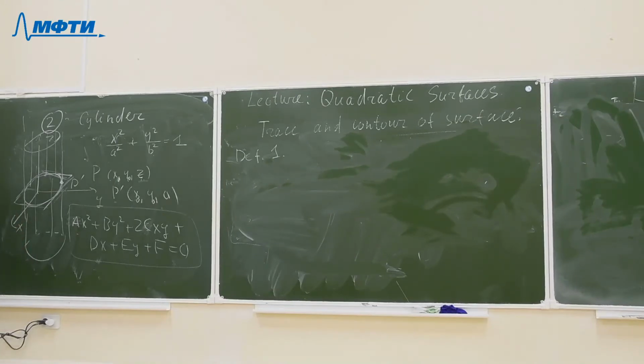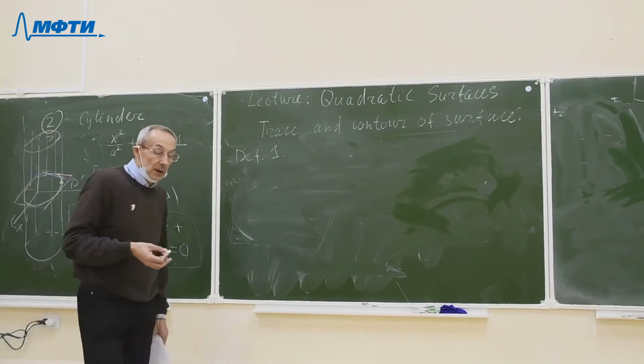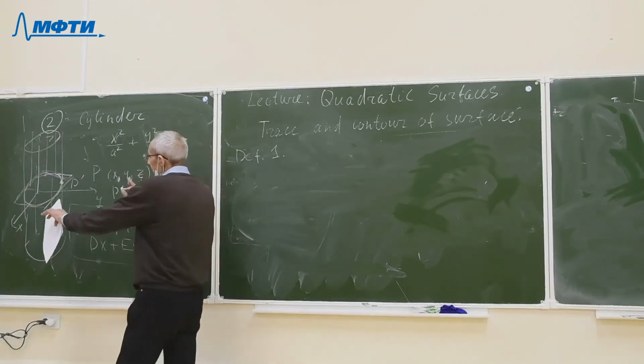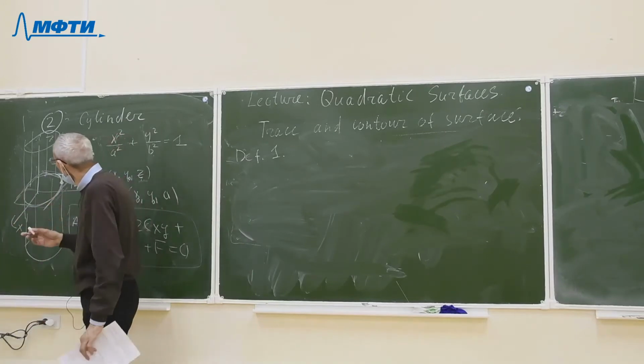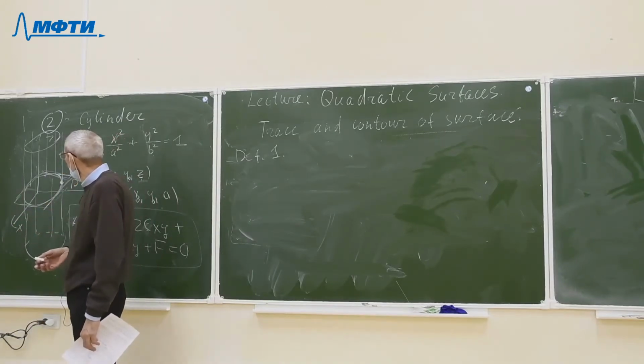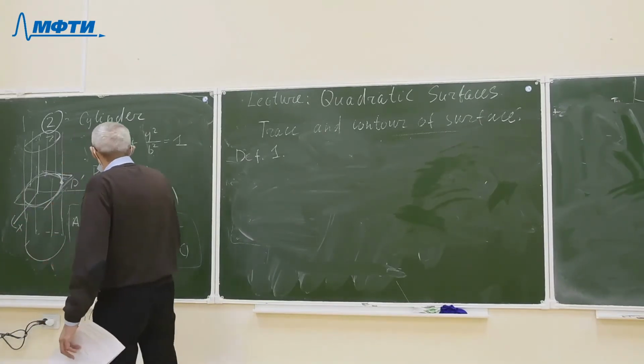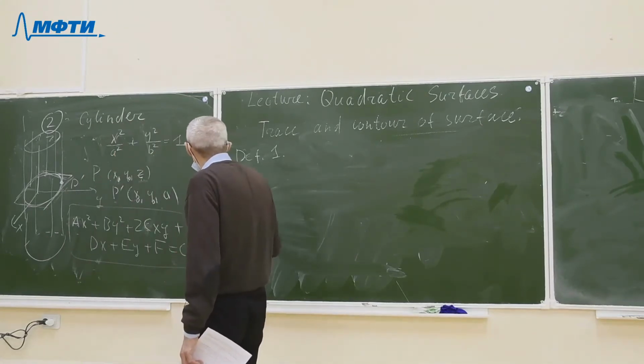is the form when one of the coordinates is absent, we obtain the simplest example of cylinder. If we rotate the coordinate system, the cylinder can be written in a rather complex form.